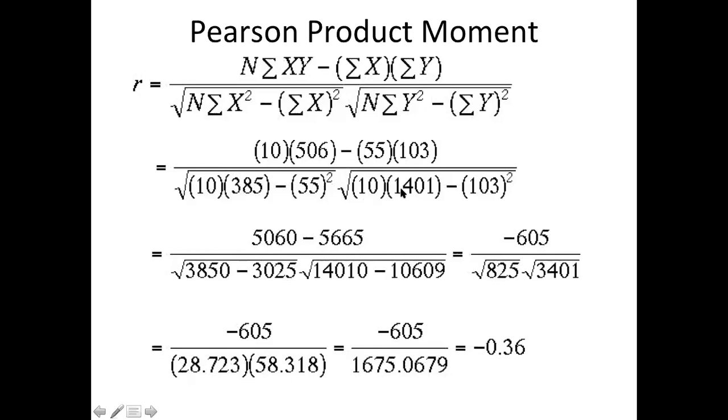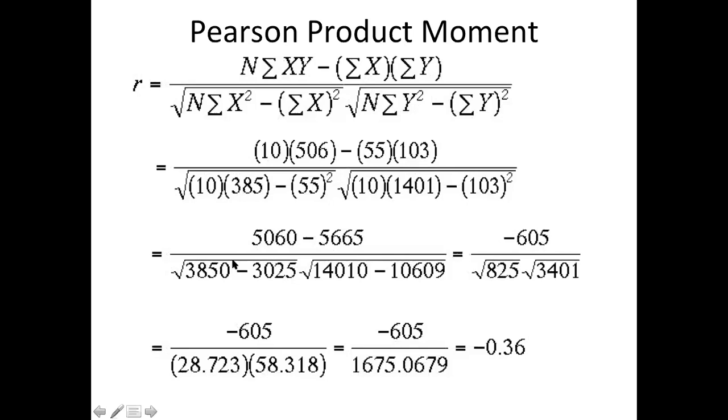And the sum of y squared. We have the result here. 10 times 506, so 5060, and then 55 times 103.